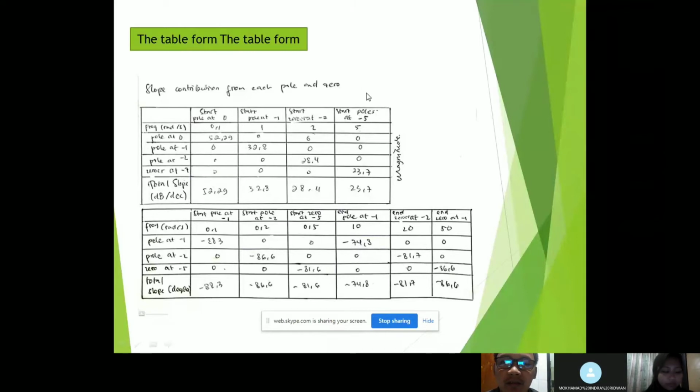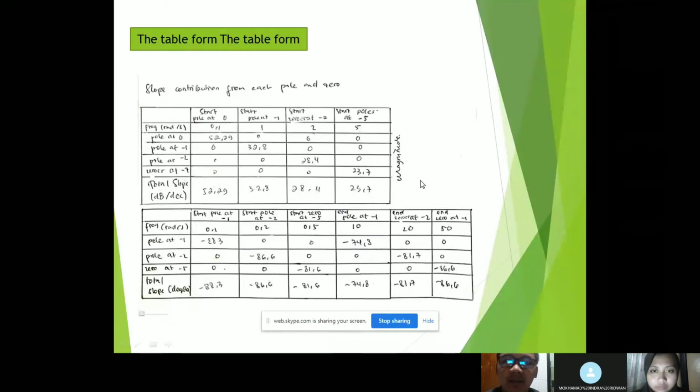The result is sloping down from 52.29 until 22.92 at the start pole at -5. And then the start poles at -1, -2, -5, -1, -2, -1. As you can see, the result is sloping down again.